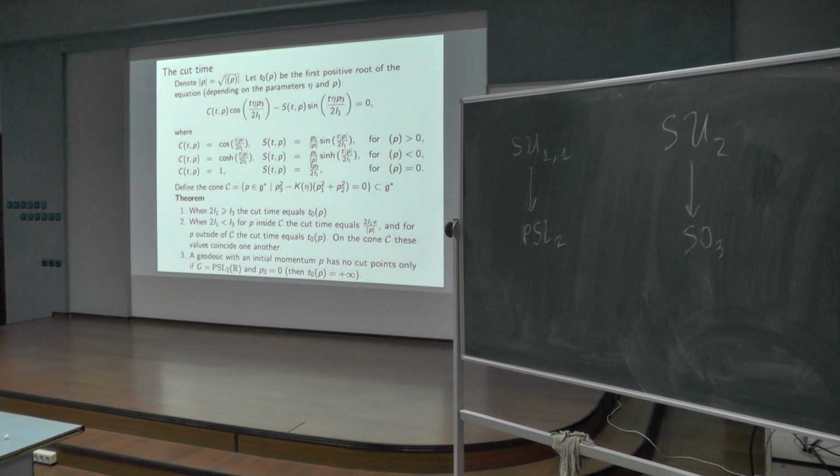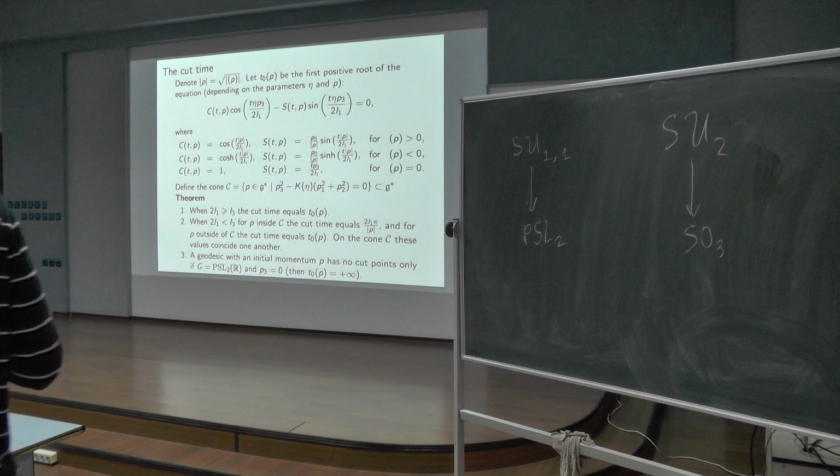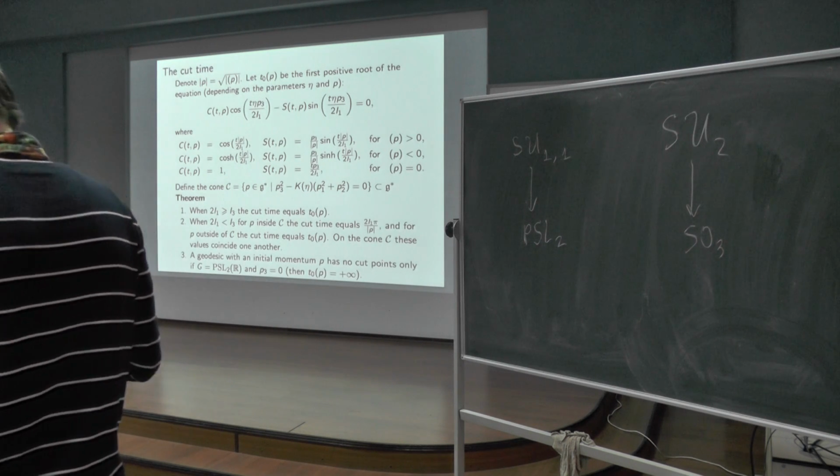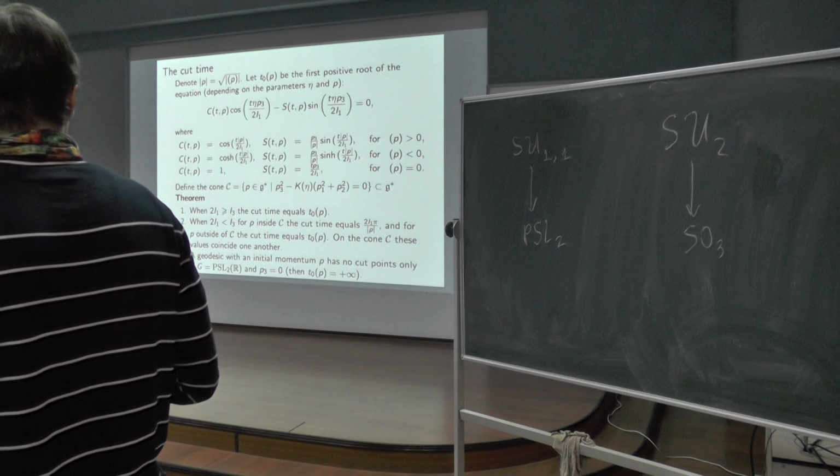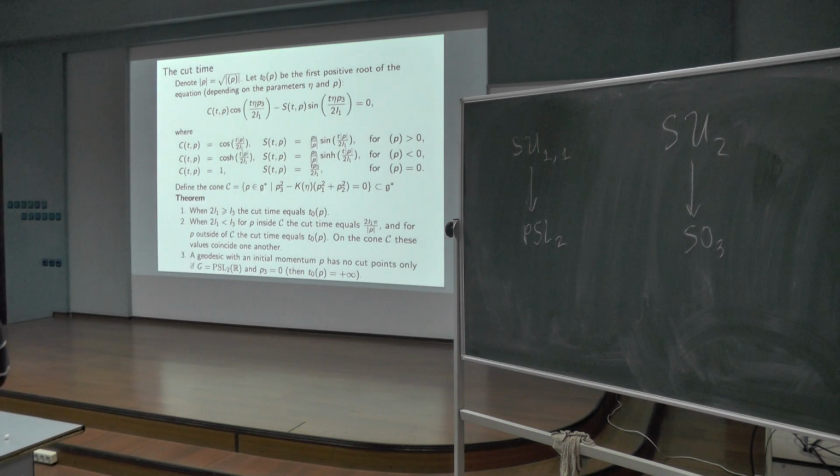And in the case of PSL2, we have a family of geodesics that are optimal anywhere. Okay, sorry, what is P in brackets?